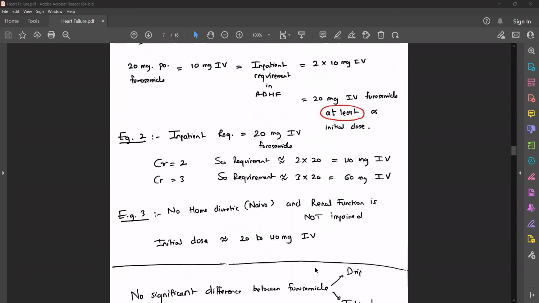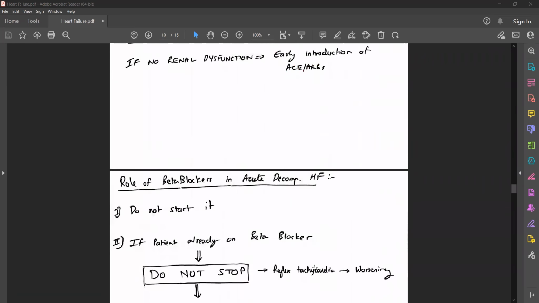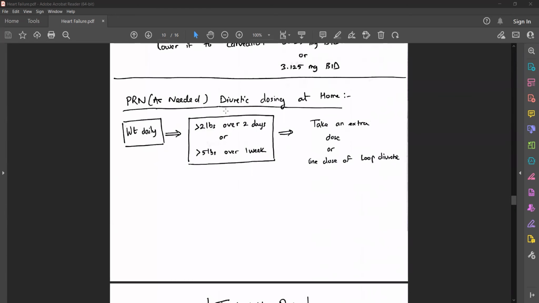Now, one other important thing, as I said, patients can be on a home diuretic. One strategy you can use is as-needed loop diuretic dosing at home. If you discharge the patient from the hospital and you think they have unpredictable salt and water intake, you can ask them to get a weighing scale and weigh themselves every morning.